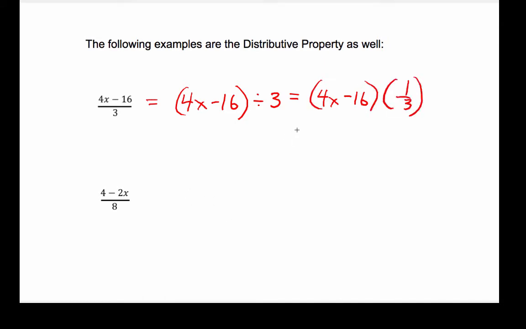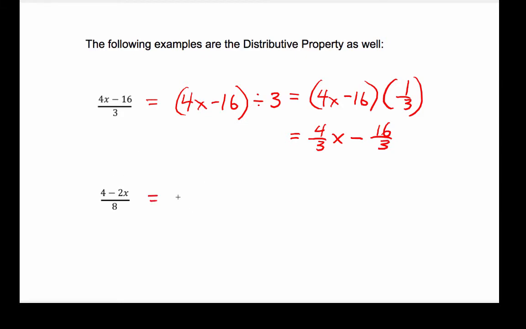So let's do that. We're going to distribute 1/3 to 4x minus 16. So we can multiply 1/3 times 4, that's 4/3 x, minus 16 times 1/3 is 16/3. So there's our answer. That's simplified.